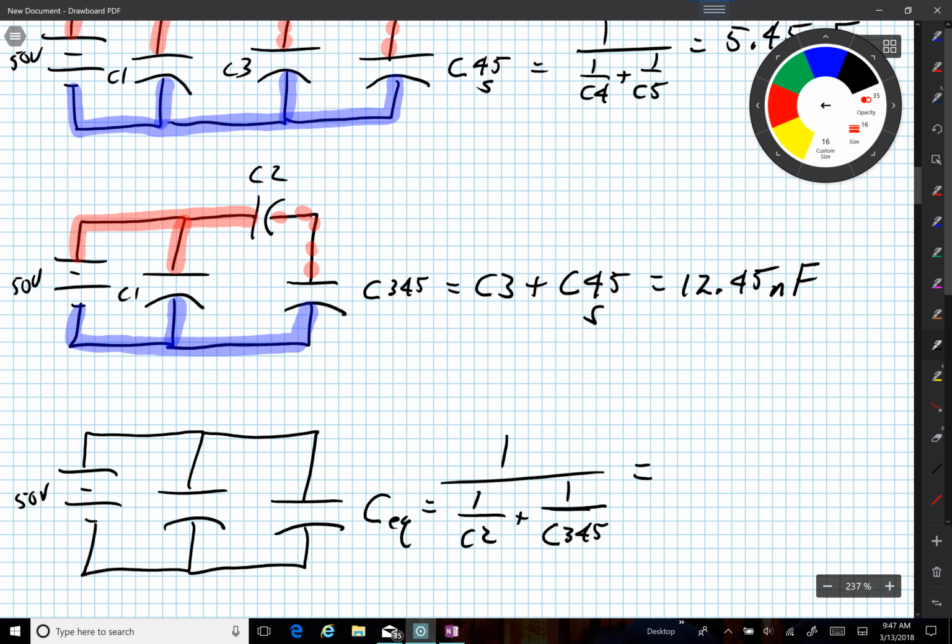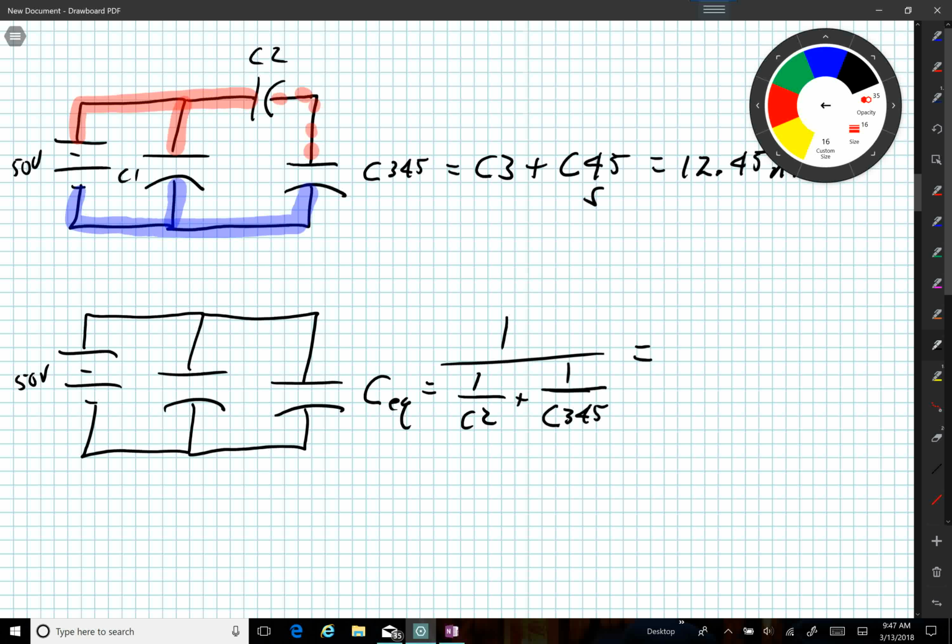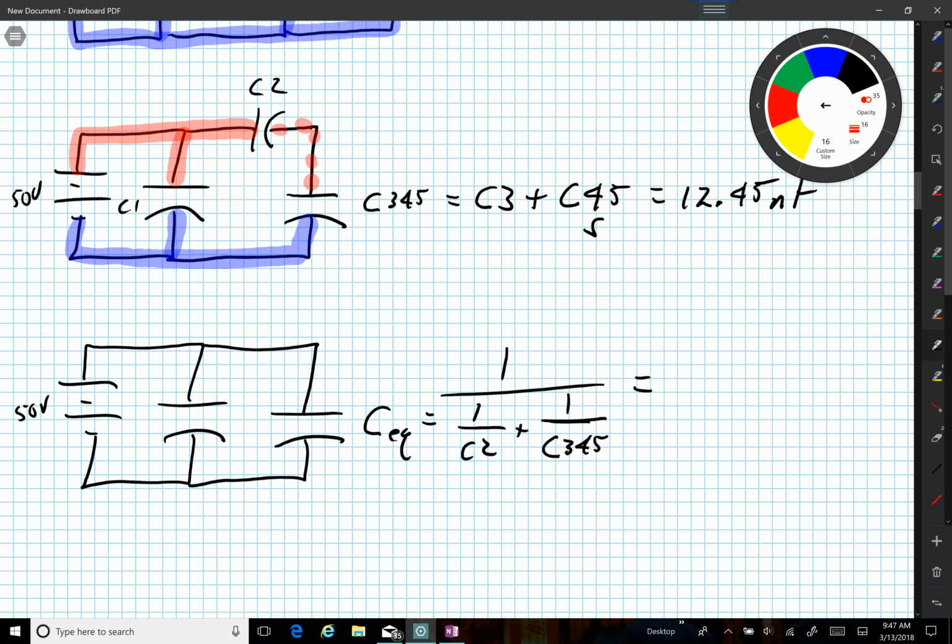And that's going to be, let's see, C2 was 4 nanofarads. So I've got 7 plus 12.45. C1 and C2 was 4.